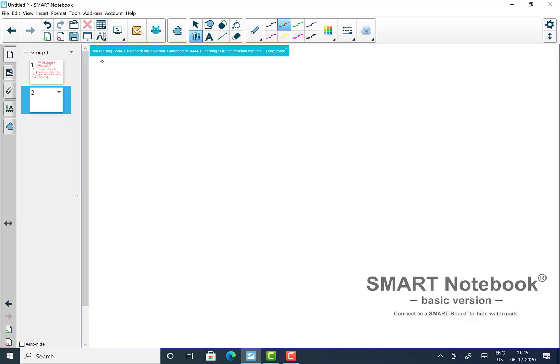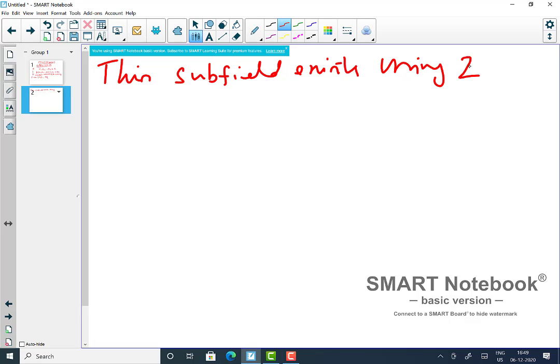So this subfield exists, using Zorn's lemma. Let me just give you the idea. I hope you can prove it, because I have used this kind of idea several times.